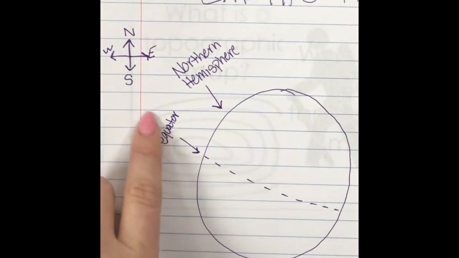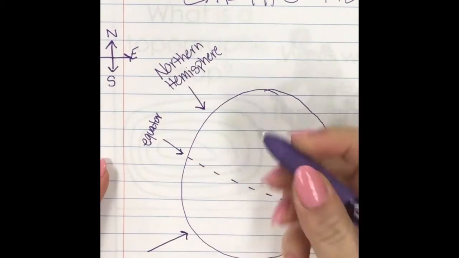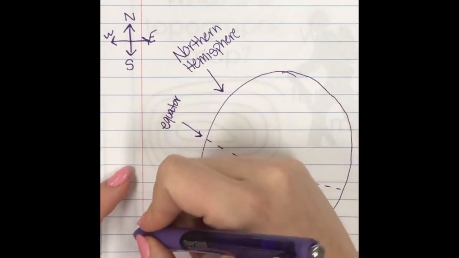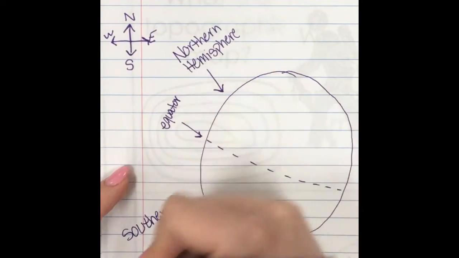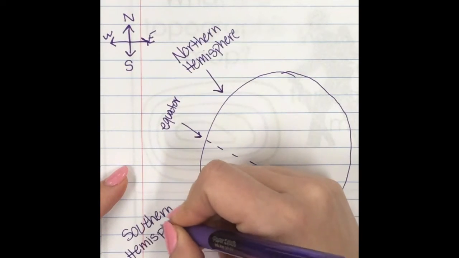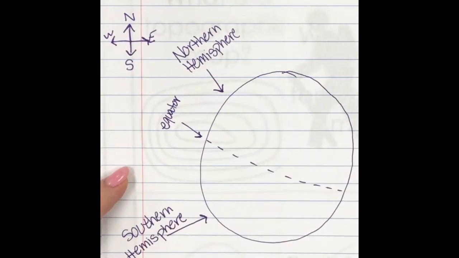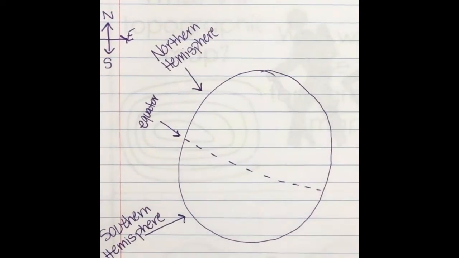And then the opposite of the northern hemisphere is going to be the southern hemisphere. Northern hemisphere, southern hemisphere. Okay.